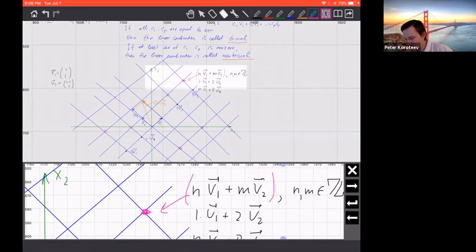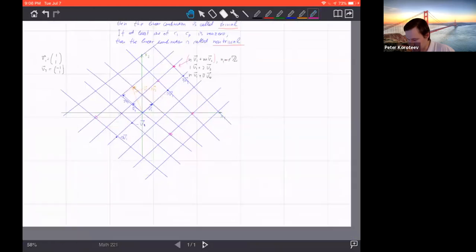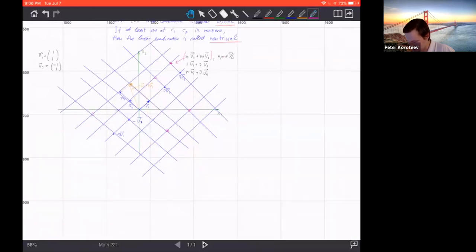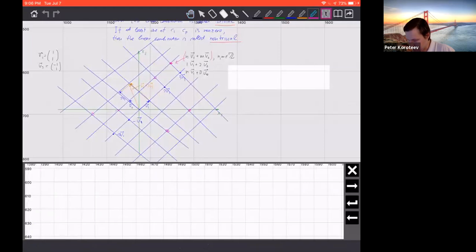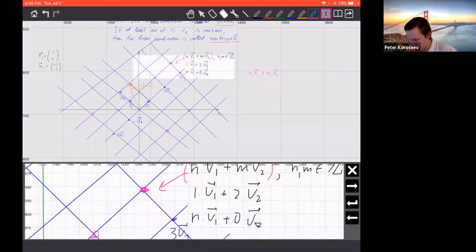An interesting fact about this structure is that if you take any two points, you have one point, which is one linear combination, say n1 v1 plus m1 v2. Say it's this point over here.